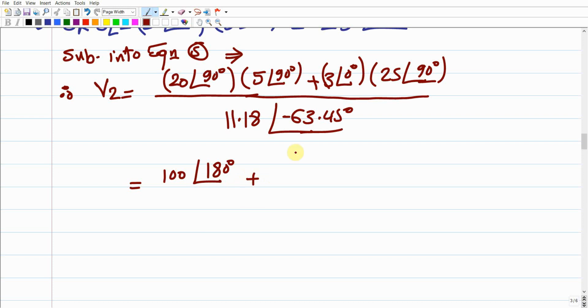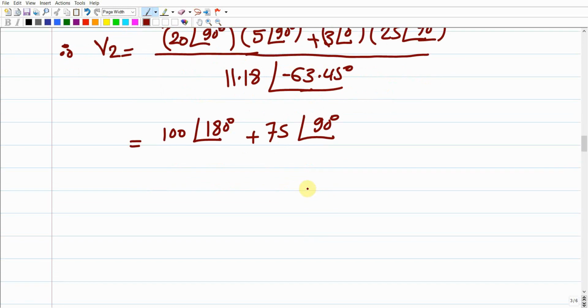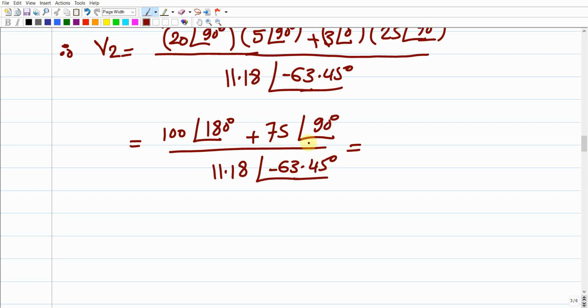Plus 3 times 25 gives 75, and adding the angles gives us 90 degrees, divided by 11.18 with angle negative 63.45 degrees.